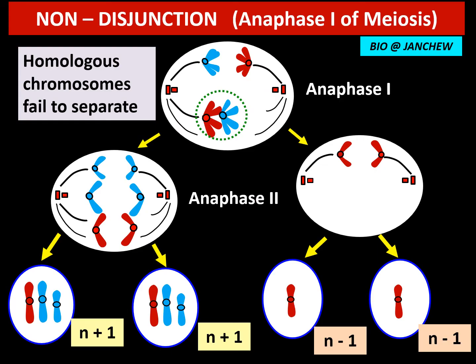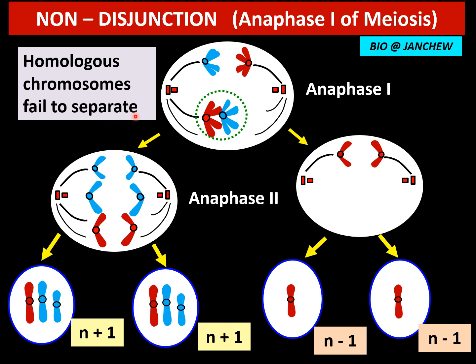Now, how does non-disjunction lead to mutation? Let's take an example of a Down syndrome child. How is a Down syndrome child formed? In non-disjunction, the homologous chromosomes fail to separate and move to opposite poles.